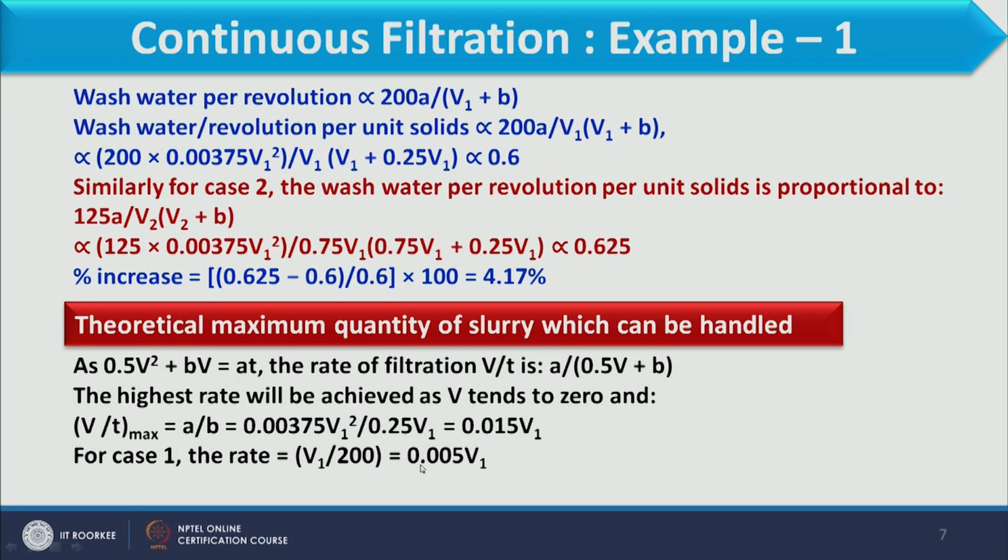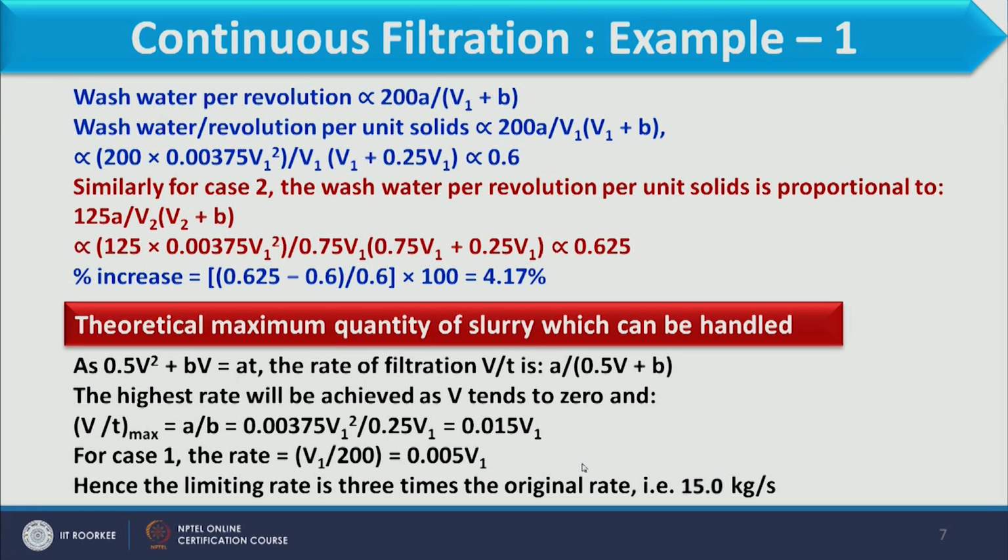We can say the highest rate of filtration is 3 times more than the present rate of filtration, and therefore the maximum slurry that can be handled at optimum condition is 3 times more than that used for case 1. So for case 1 it was 5, so now it should be 15.